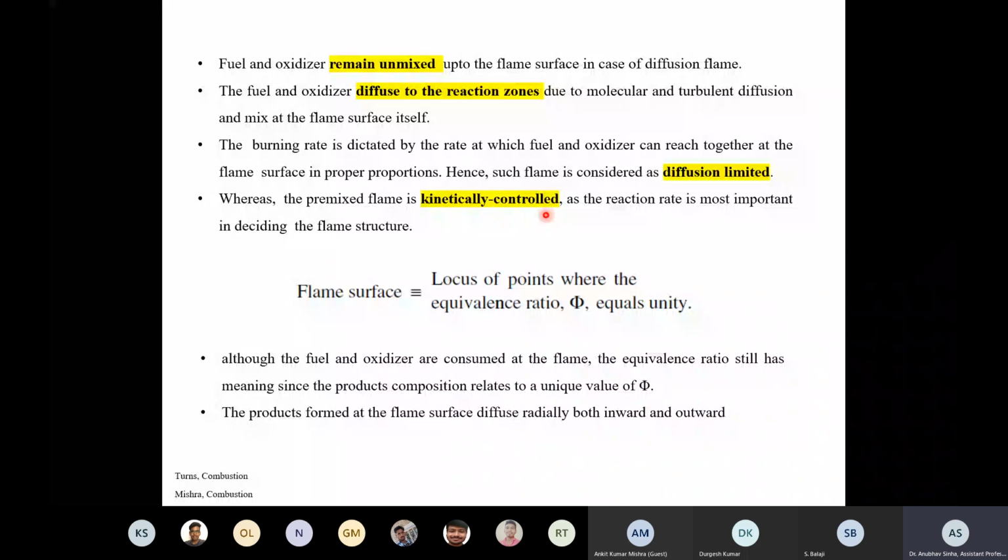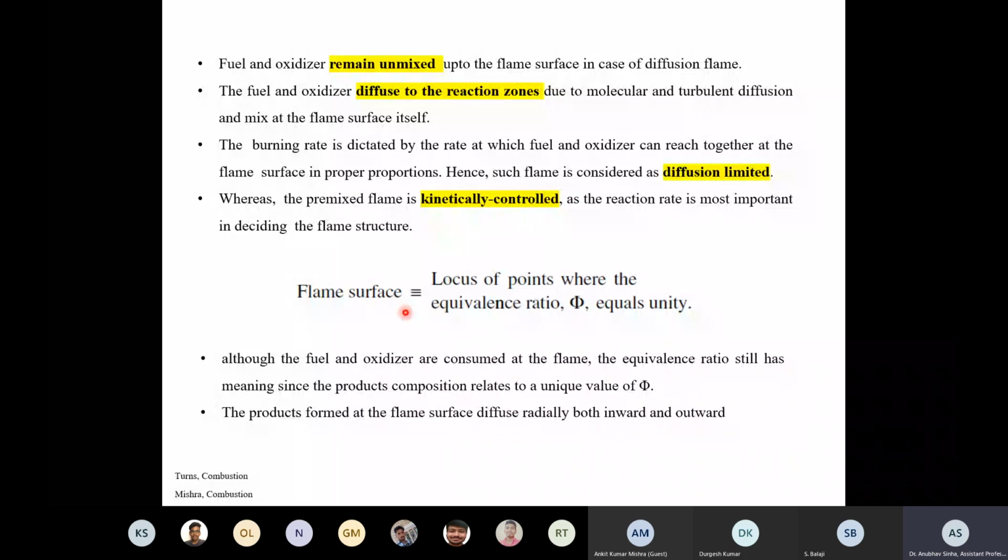The rate of reaction is the most important determining factor. For a diffusion flame, mixing is a major obstacle: we have to first mix, then only it will burn. So it is diffusion limited. Once it is mixed and they reach proper proportions, it will burn. That is the major difference between diffusion and premixed flames.